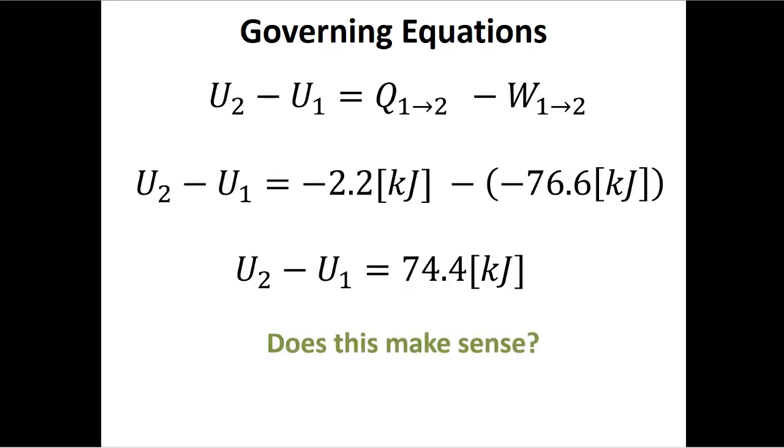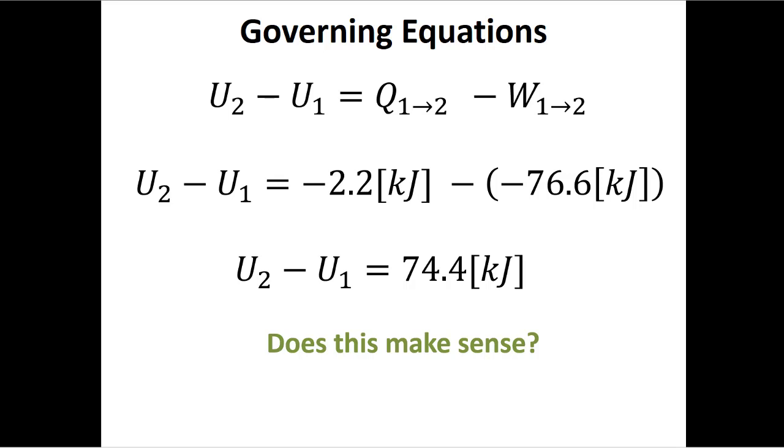Now I got to ask myself, does this make sense? So U, capital U, is internal energy. So the units should be energy, right? And that's what we see here because we have kilojoules. But does it make sense that the sign is positive? So assuming that I got my magnitudes of Q and W correct, I see that the work is much more important than the heat transfer in this case.